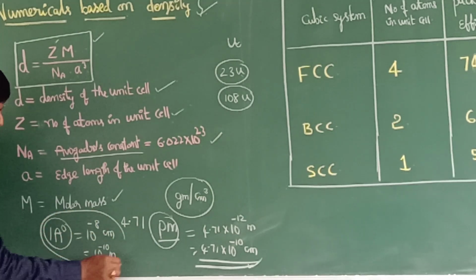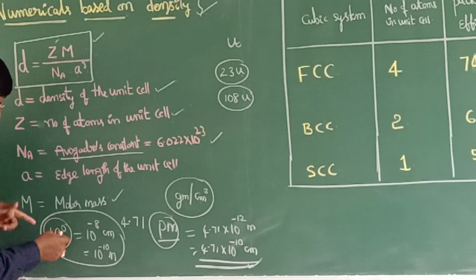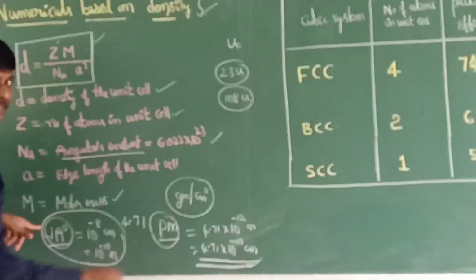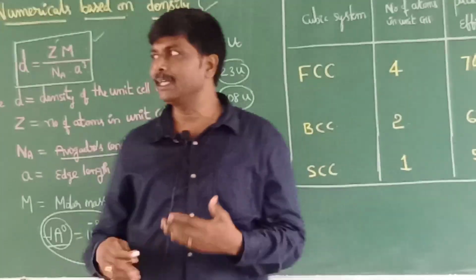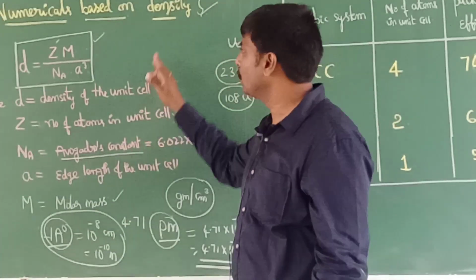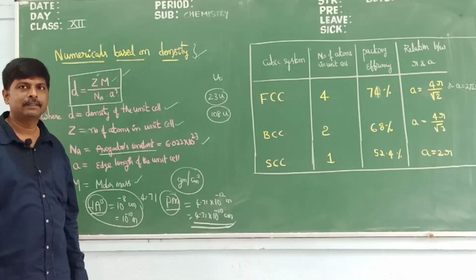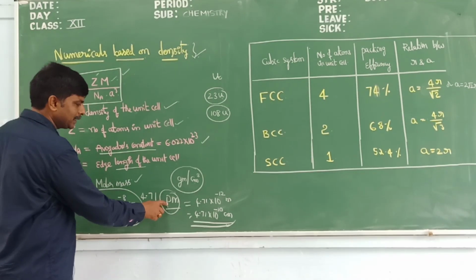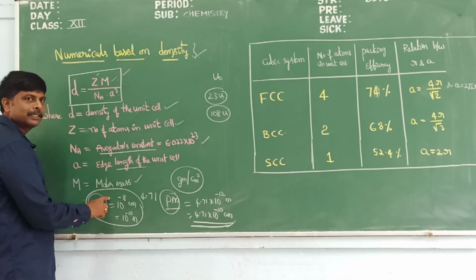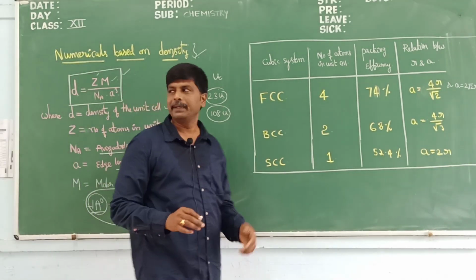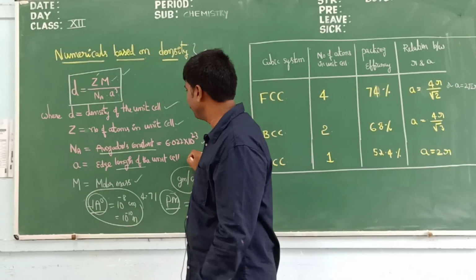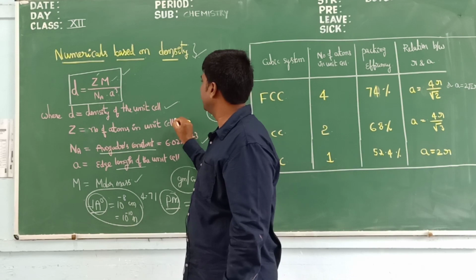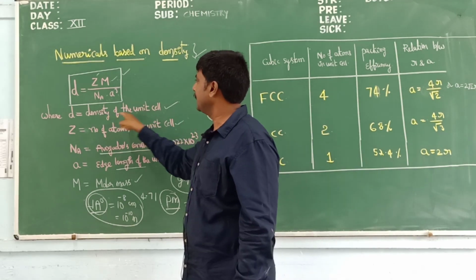Generally they will give the edge length in angstrom or picometers only. You have to convert that length into centimeters before solving the numerical. Edge length into centimeters. And molar mass, Avogadro's number you know, Z number of particles, you have to calculate density.